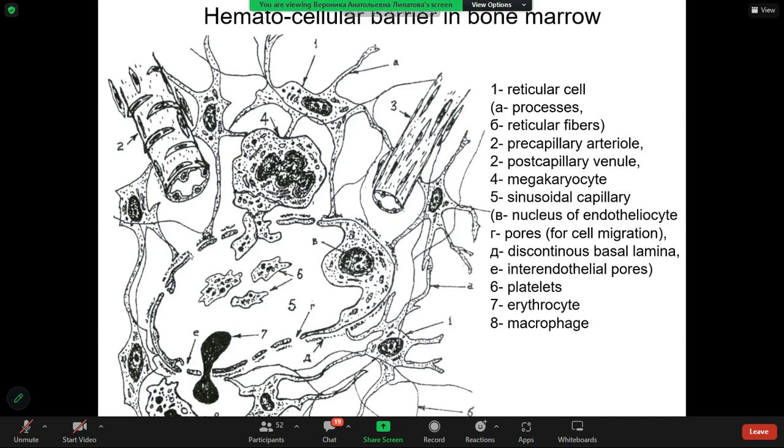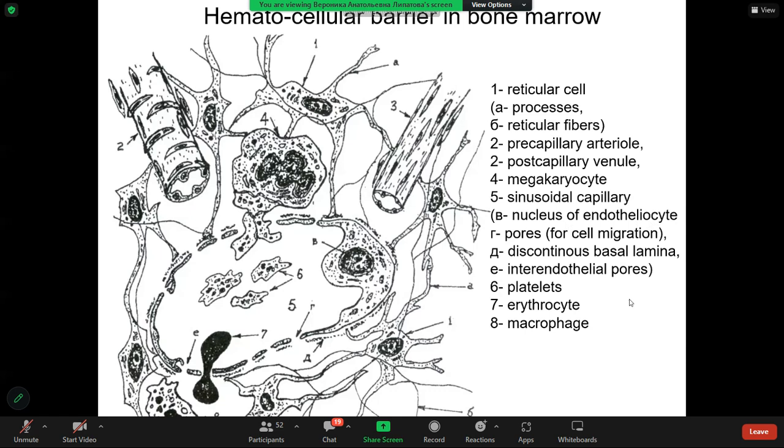And here we can see the third kind of capillary, sinusoidal, with wide diameter, and this is fragment of megakaryocyte that becomes the platelets. This endothelial cell, reticular cell, reticular fibers as stromal component. Is this clear?